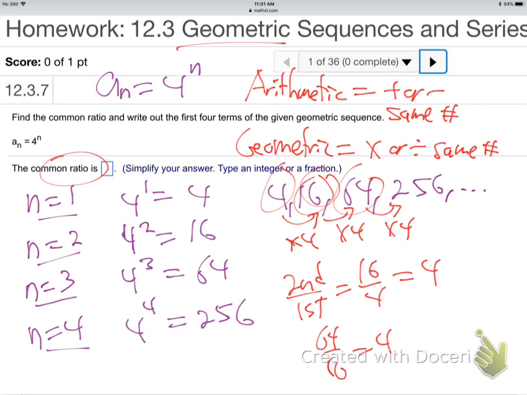So last time with arithmetic, we had the common difference. Now we have the common ratio. Good? So we're just multiplying from term to term now instead of adding. Arithmetic's adding, subtracting. These are geometric, multiplying, dividing from term to term.